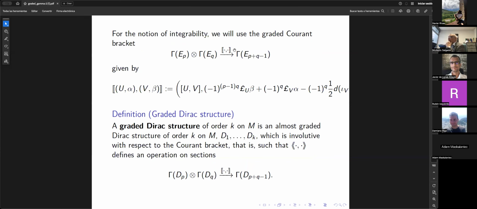For the integrability, we use this graded Courant bracket, and so the condition is that this should be involutive with respect to the Courant bracket. So there is this operation that takes sections here of grade P and grade Q, and obtains something which is in grade P plus Q minus 1.